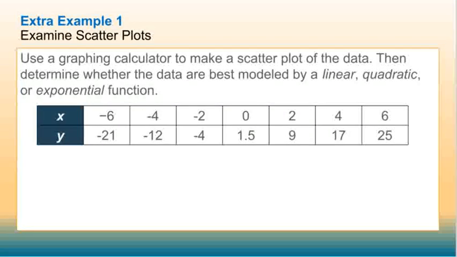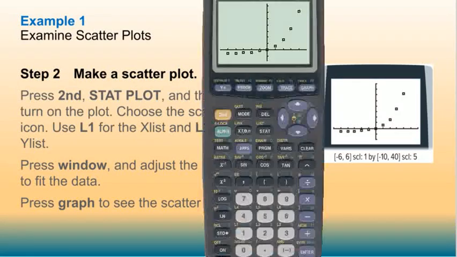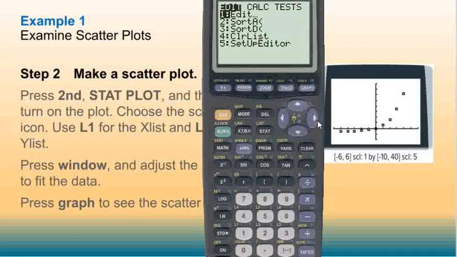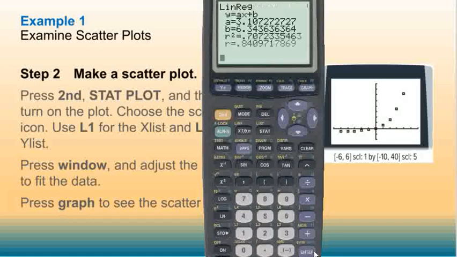Moving on to our next part, we have to determine if it's linear, exponential, or quadratic. So for this one, let's go back to my calculator here. We need to do the regression line, but in order to do this, let's go to our stats. We need to calculate, and we need to test this out to see if it's linear. If I do number 4, linear, you see our R squared is 0.707.